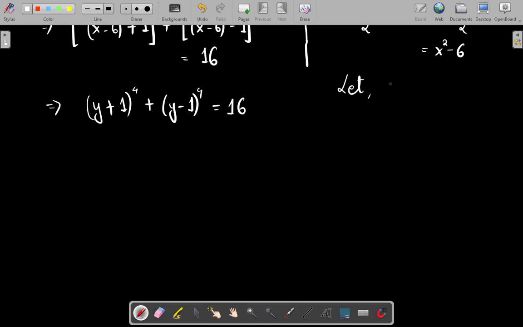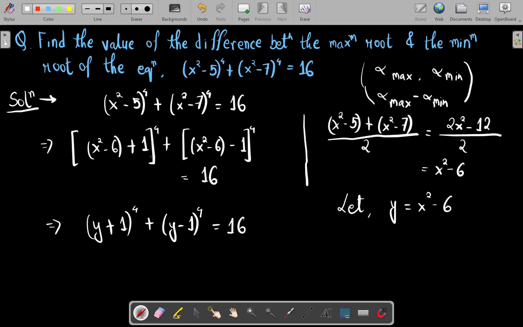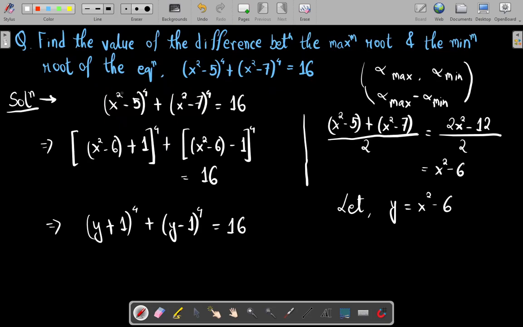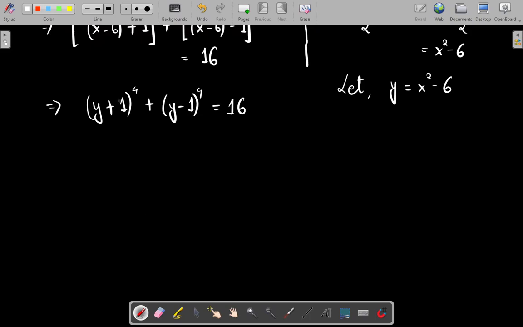Let y equal x² − 6; this is the substitution I've used. Now this is reduced to a biquadratic or quartic equation. The highest power is 4 now. Earlier it was (x²)⁴, so it could have been an 8th degree equation. Now it is degree 4.